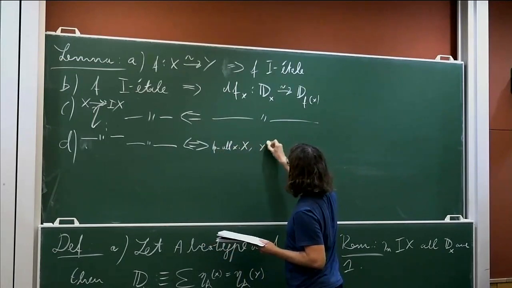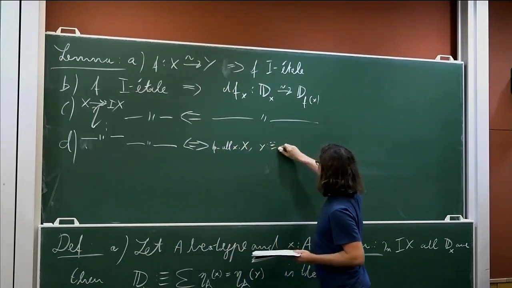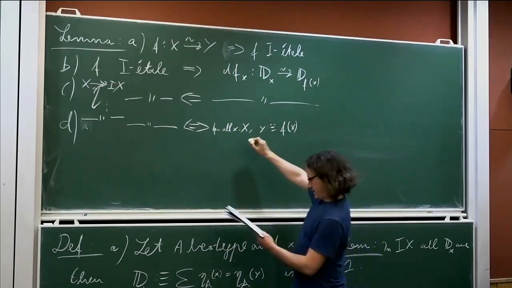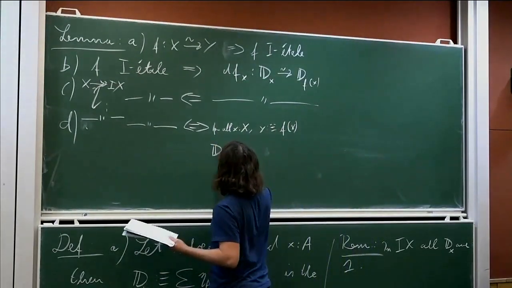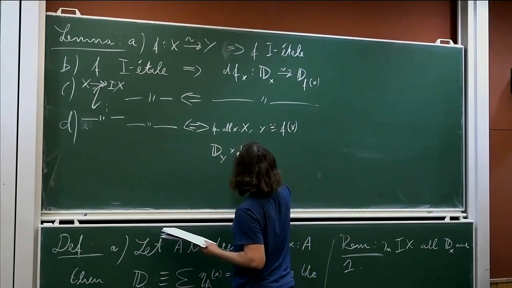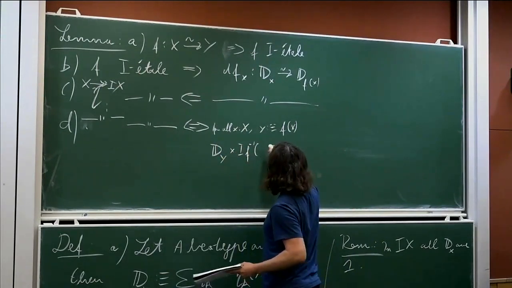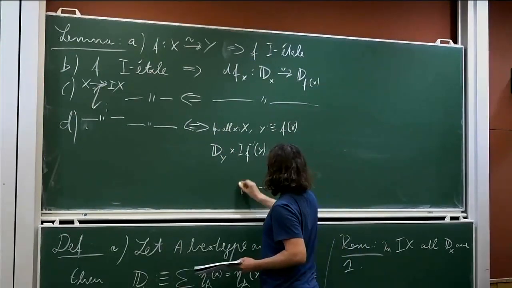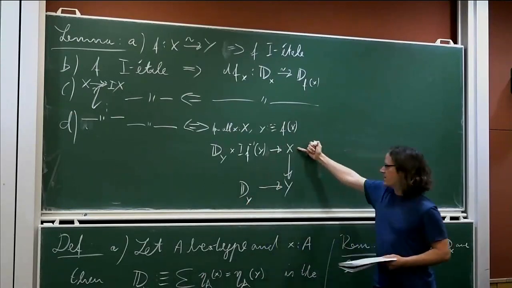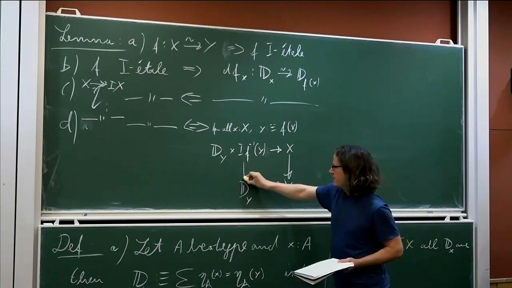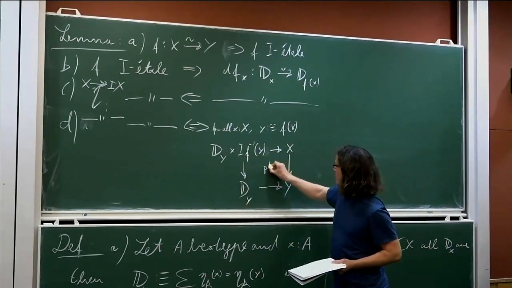Now I say it because I want to define Y to be F of X. We have that the following pullback square. So how it makes sense, I will tell you in a moment. That's fine. So this is you pick a point here, go down, build the formal disk around the point, and then you take a pullback.